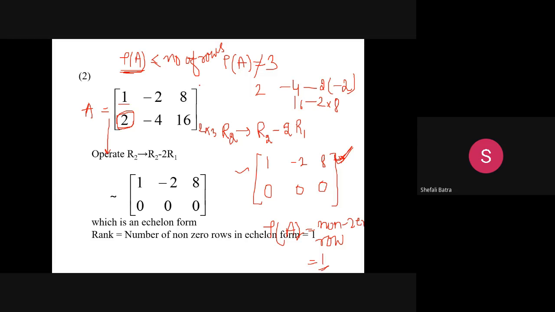Can we conclude that if you have a rectangular matrix of order m cross n, with m rows and n columns, the rank of the matrix can be less than or equal to the number of rows of that given matrix? Right?